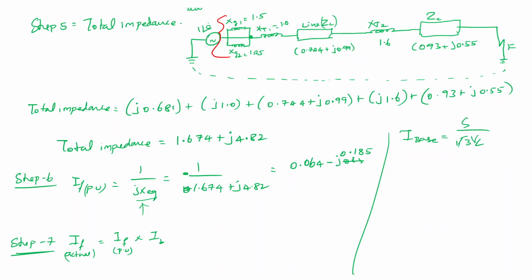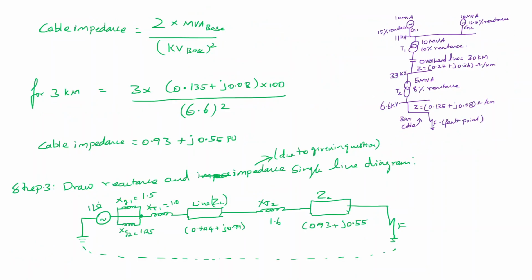So we know at the fault, what is the line voltage we are having? How much? 6.6, sir. Yeah, because here we got the fault at 33 kilometer.